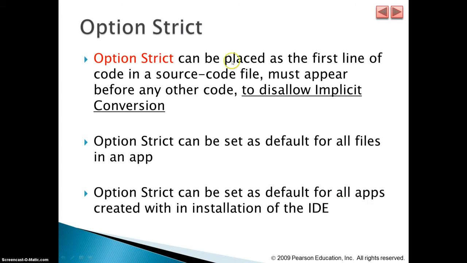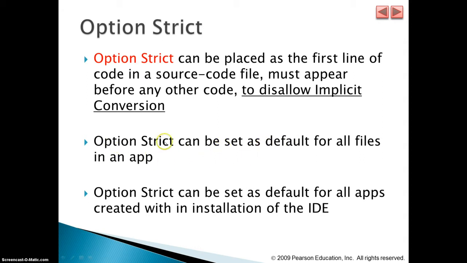Okay, option strict. It's an additional command put at the beginning of your module. It's the first line of code, and basically it disallows implicit conversion. If you want more robust code, some organizations will just not allow implicit conversions because those can cause trouble down the road.